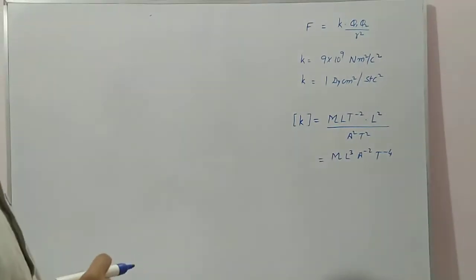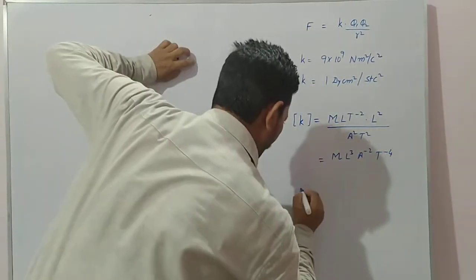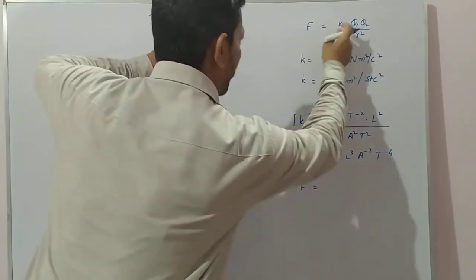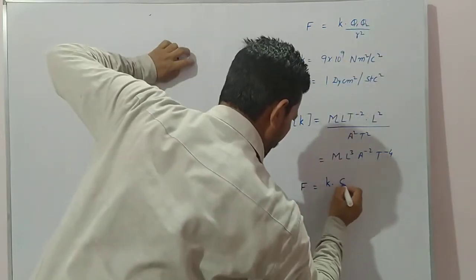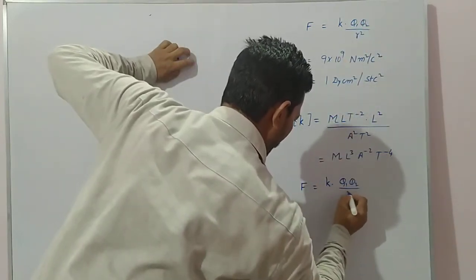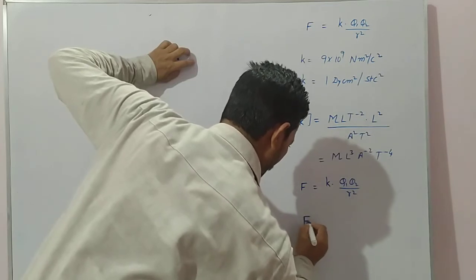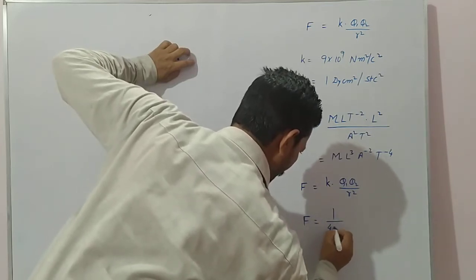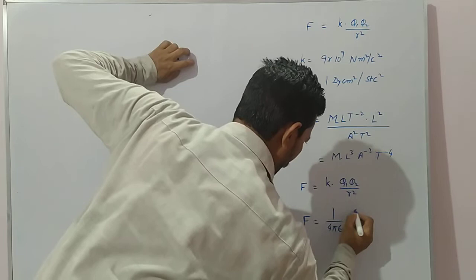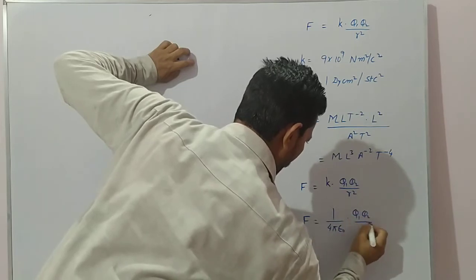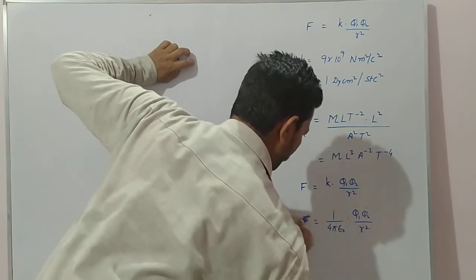electrostatic constant. Now this Coulomb's law F which is equal to K Q1 Q2 by R square can also be written as 1 by 4 pi epsilon naught Q1 Q2 by R square.